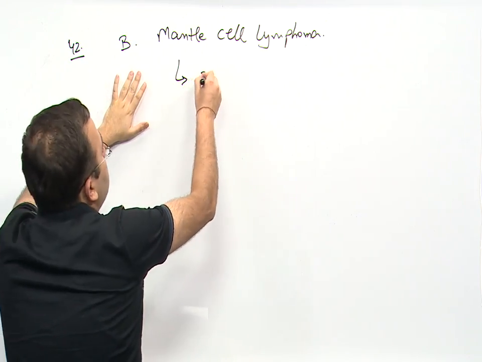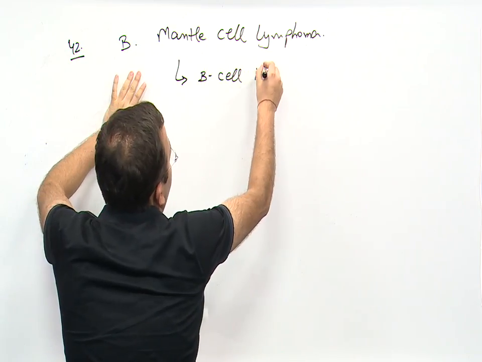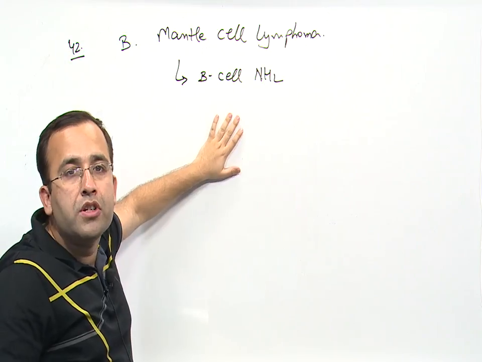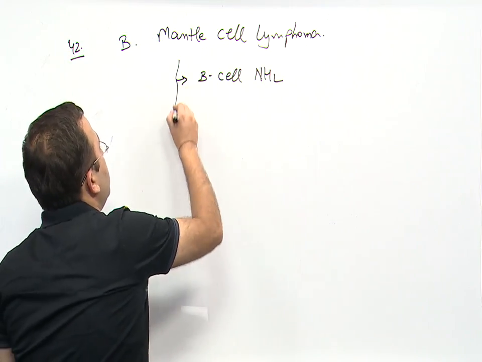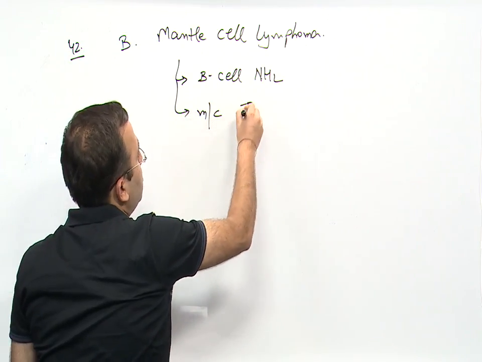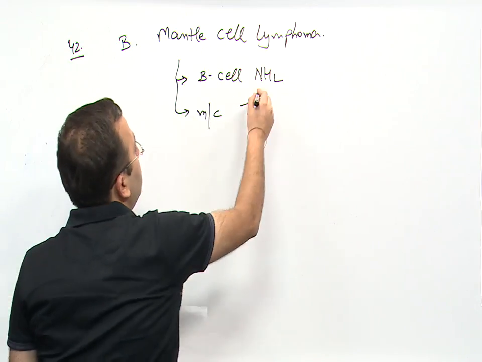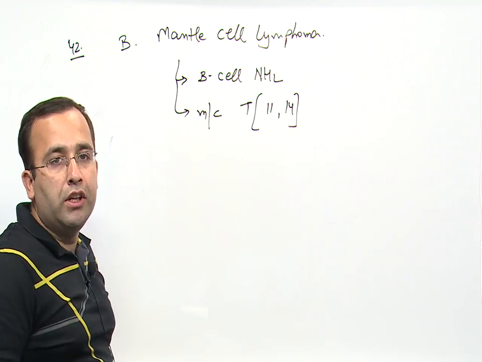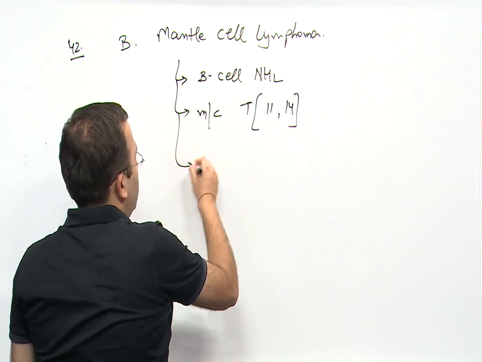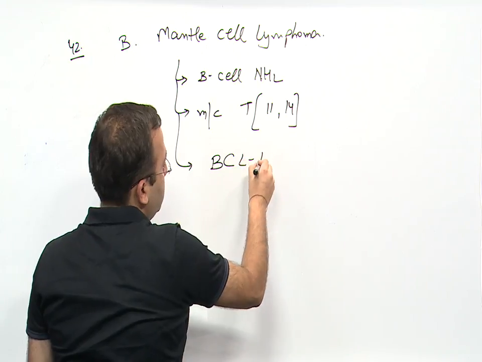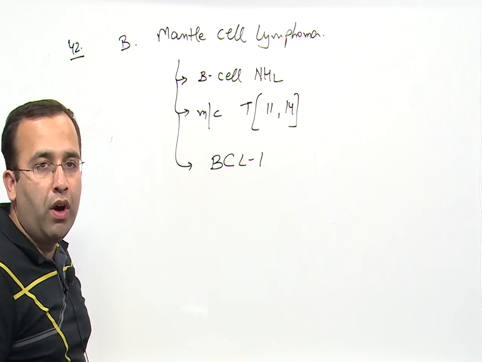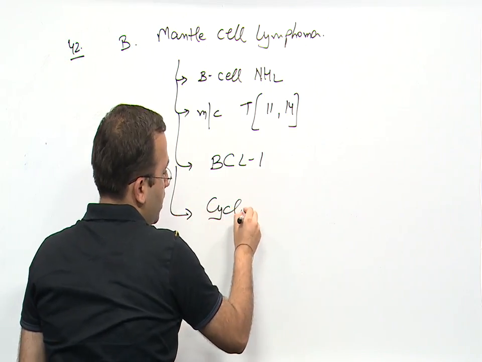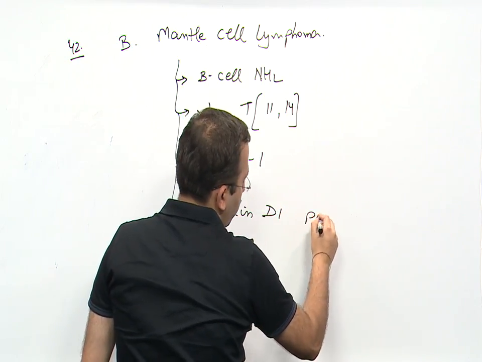First point, it is a B cell non-Hodgkin's lymphoma. Next point, the most common translocation associated with mantle cell lymphoma is translocation 11-14. Next, it is positive for the expression of BCL1 protein, and it is also cyclin D1 positive.